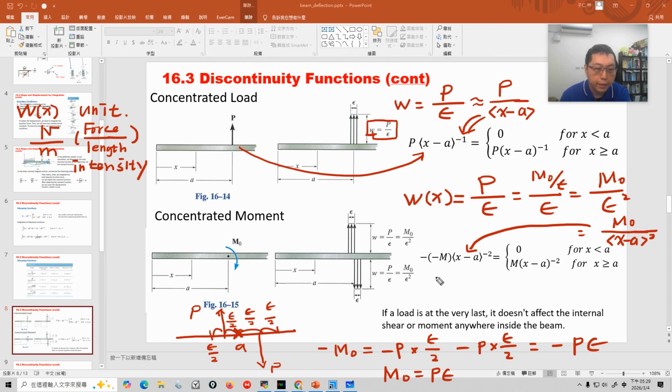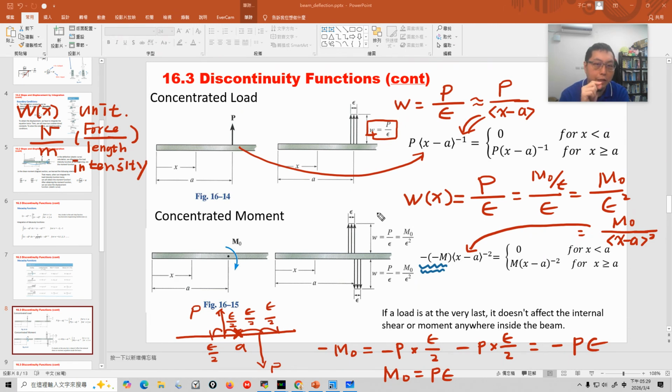Then there's another thing you have to notice: I wrote minus m here. Why do I write this? Don't forget in the previous section, the shear moment diagram section, the moment is the internal moment.